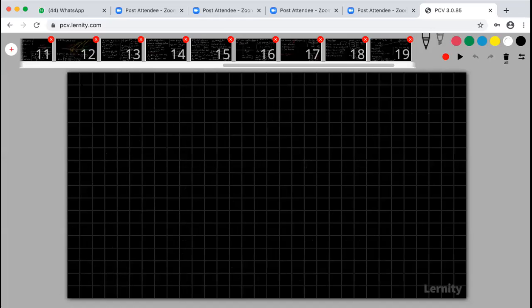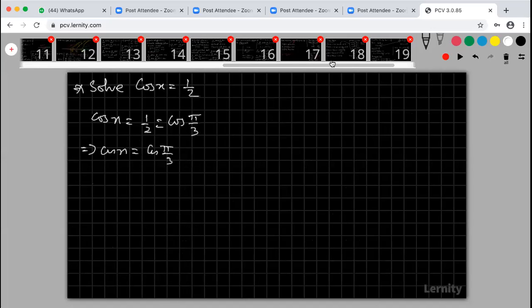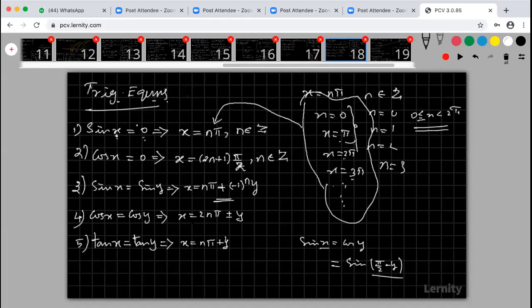Solve cos x is equal to 1 by 2. Cos of which angle is 1 by 2? So therefore cos pi by 3, which implies my cos x is equal to cos pi by 3. What is the solution? My cos x is equal to cos y means what is the solution?